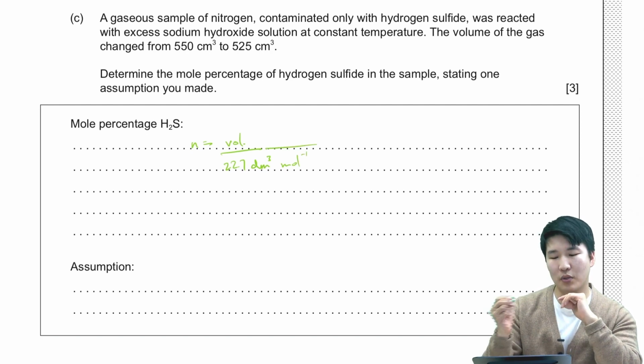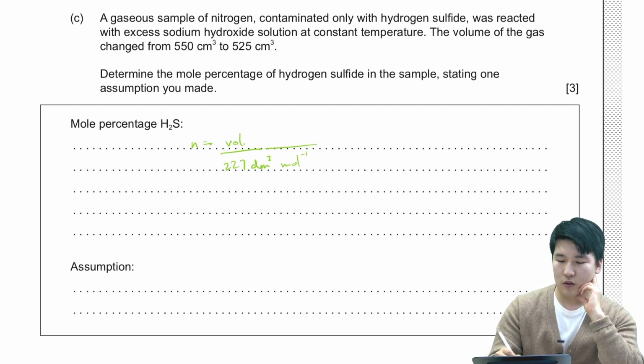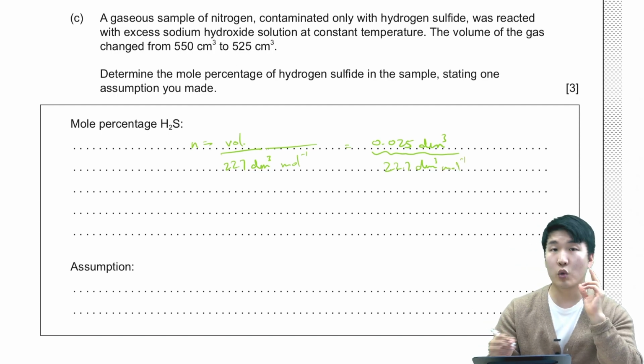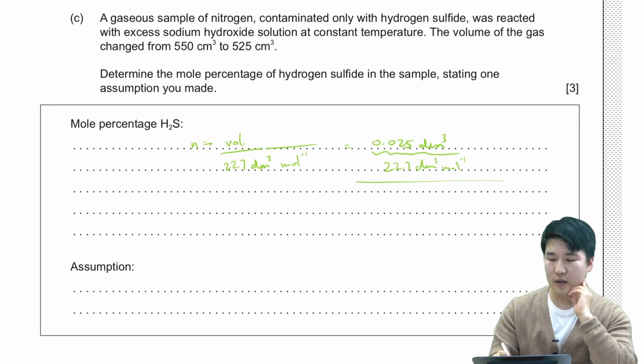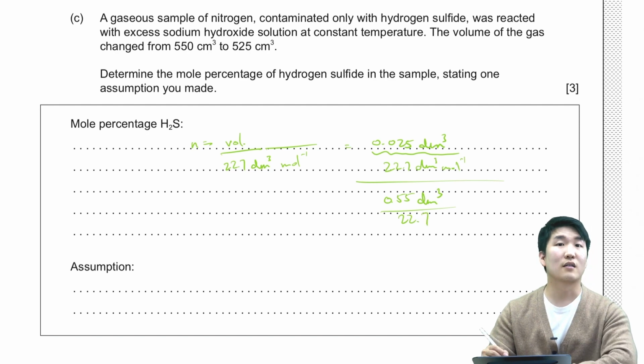If we put in 25 cm^3, which needs to be converted into 0.025 dm^3, we will be able to work out the moles of hydrogen sulfide present, which we will divide by the total mixture, which would be 0.55 dm^3 over 22.7 dm^3 per mole.